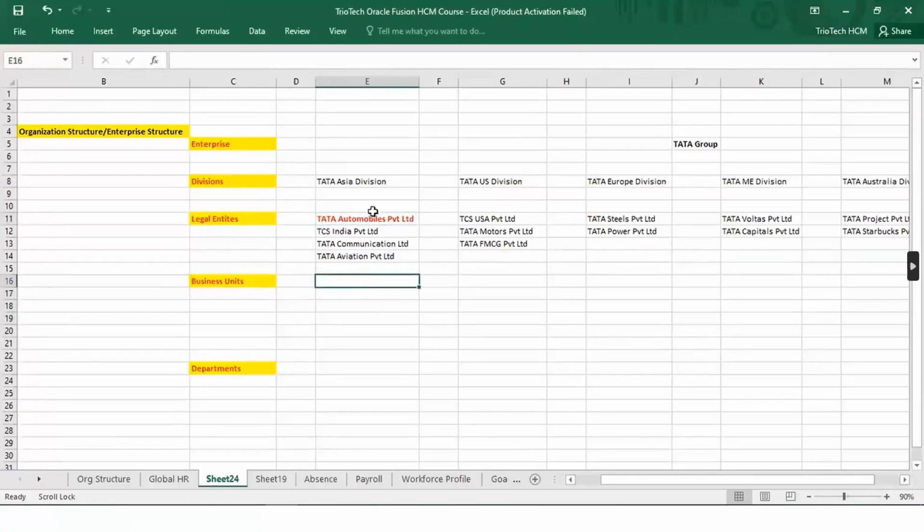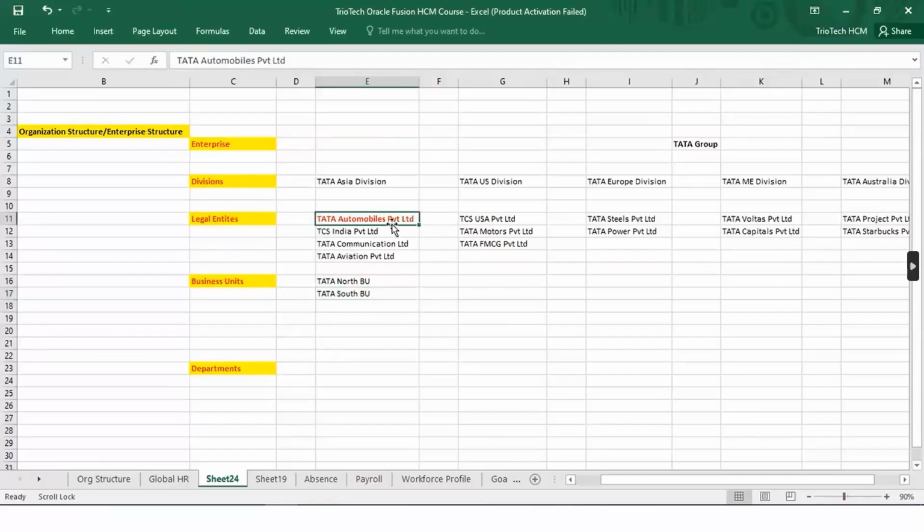Let's say, coming to the example of Tata Automobiles Private Limited, my client further bifurcated their operations into two wings. One is Tata North BU, North Business Unit, and Tata South BU. These are the two operational units that our client has under Tata Automobiles Private Limited.